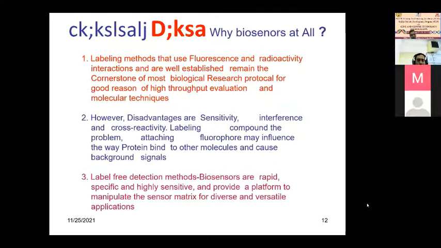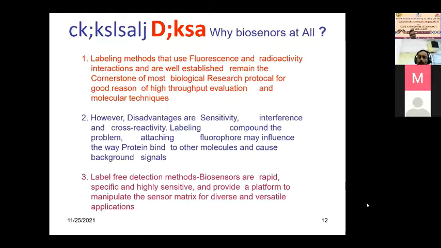But they have certain disadvantages: they are not sensitive enough, they have interference and cross-reactivity. You do the labeling, and the labeling also creates a problem. Fluorophores, in particular, are very limited in number. You cannot easily have a new fluorophore; you can only use the ones existing in nature. It is not easy to produce a new fluorophore, so that limitation is very binding.